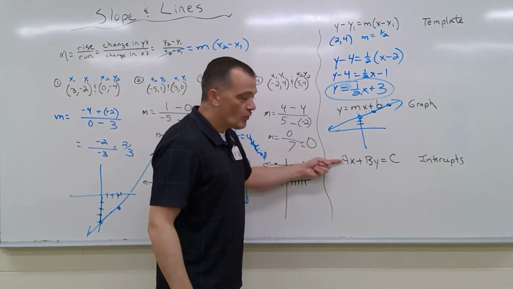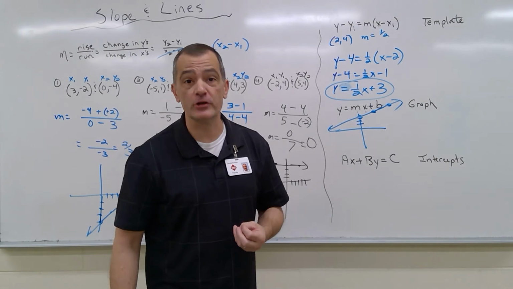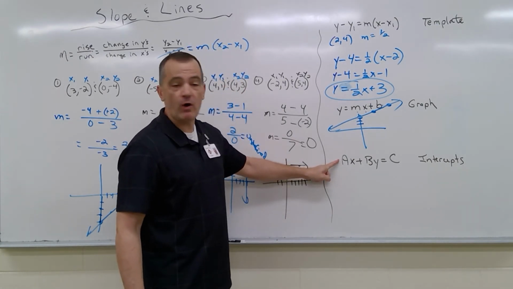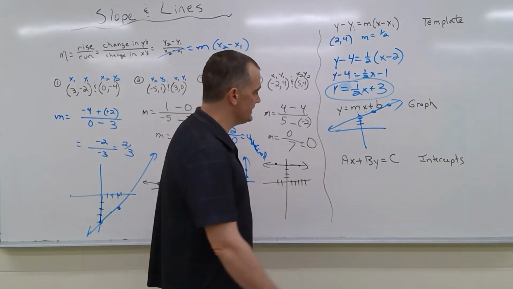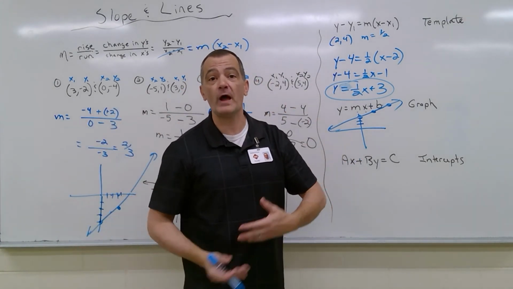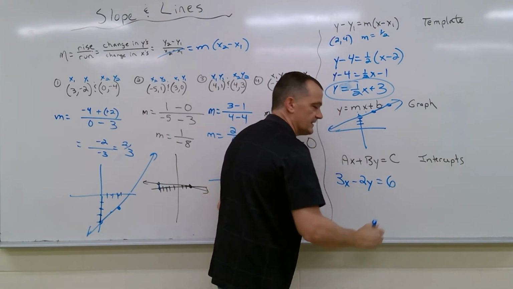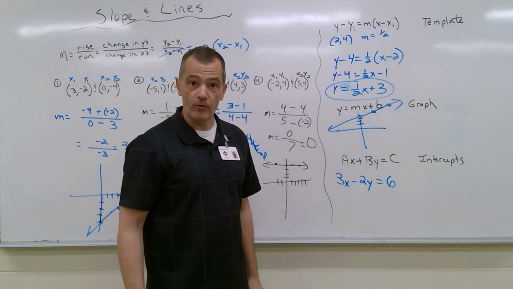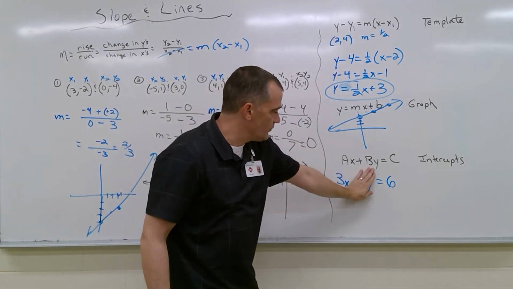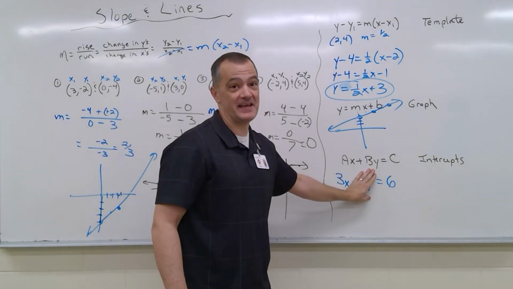And lastly, we have what's called standard form, which is very similar to what some textbooks call the general form. This ax plus by equals c, it is easy to find the intercepts when it's in this form. So if I just pick a random line, 3x minus 2y equals 6, that line is written in standard form. What I can do is let y equal 0, and now I see that 3x equals 6, x equals 2.